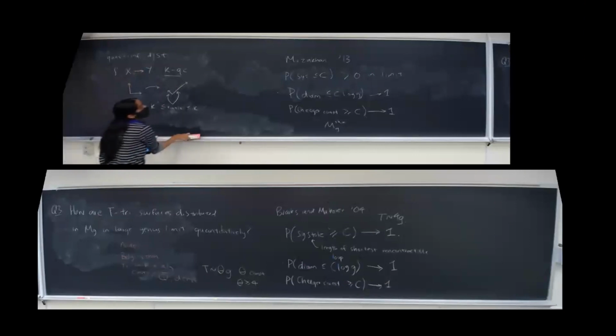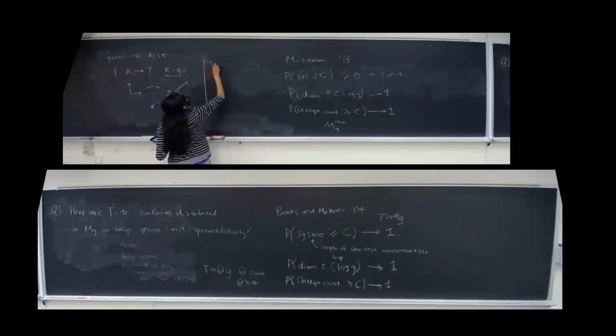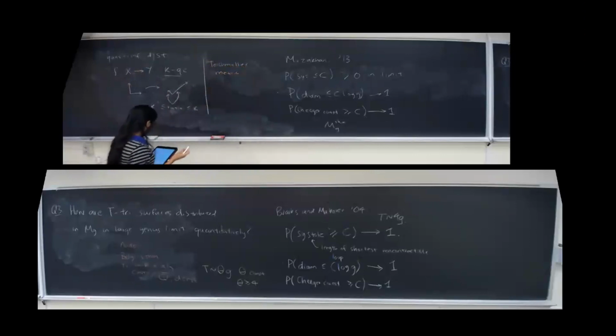And then the Teichmüller metric on moduli space. Okay, so the Teichmüller metric is defined as follows.